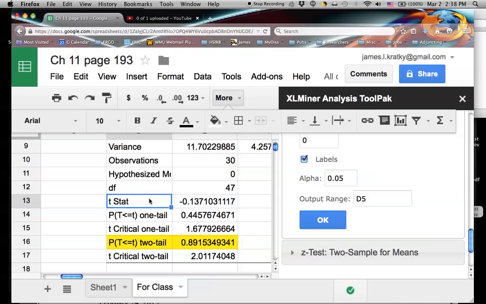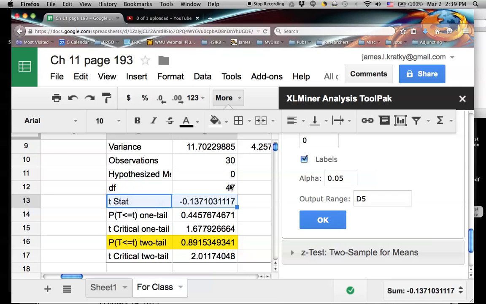So you can verify that this t-statistic agrees with the one that's reported in the book on page 194. They give us negative 0.137. And then the p-value, did they give us? Yeah, so on page 196, they give us that p is greater than 0.05. So we'll talk about that in just a moment.